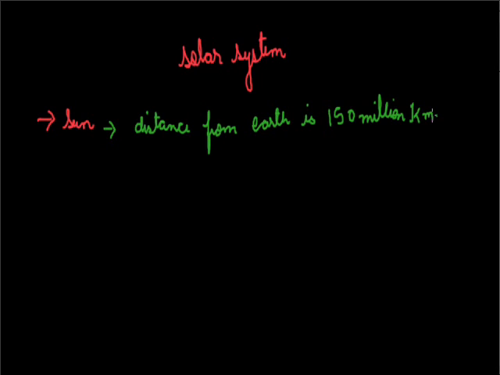The light emitted by the sun takes 8 1/4 minutes to reach the earth.